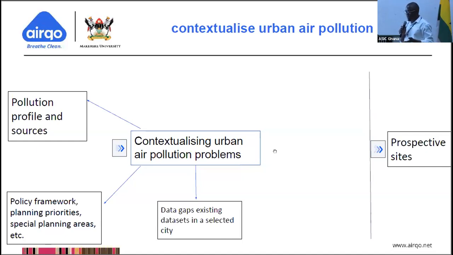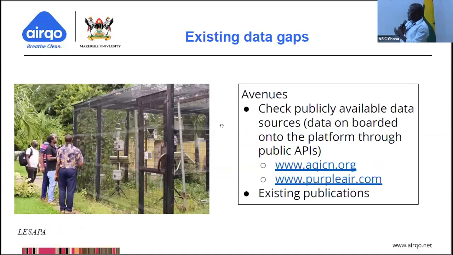So in that selected city, we are basically now going to talk about AirQo Lagos. From there, you can now start thinking of the prospective sites that you are going to put those devices in. All right, so here is one of the existing data gaps. How do we sort some of these?